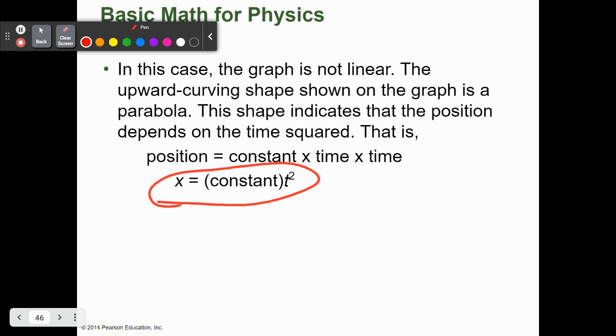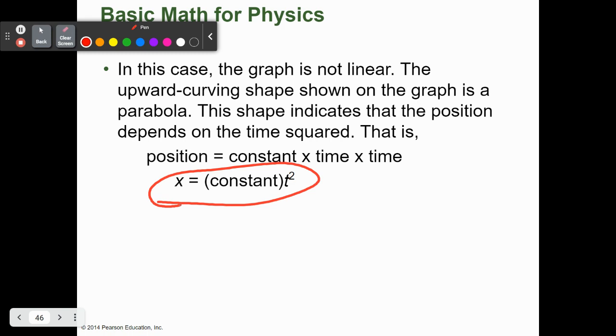But you have general equations for parabolas and hyperbolas and all of those other things too. If you got a parabola, you are going to have an exponent in there, right? So we say that the position on that graph is equal to some constant times t squared. The square is what makes it go up in that parabola shape rather than being a straight line, okay?